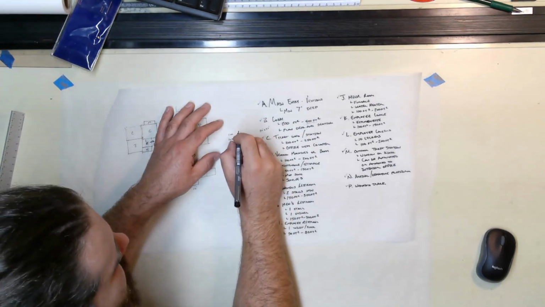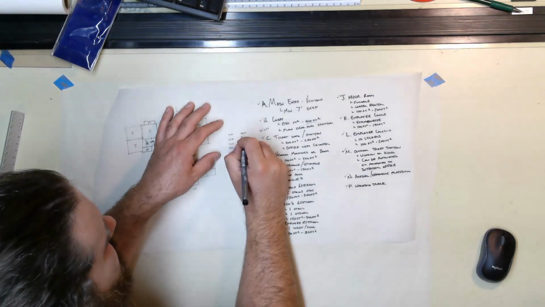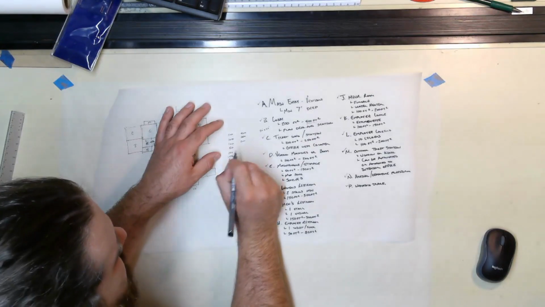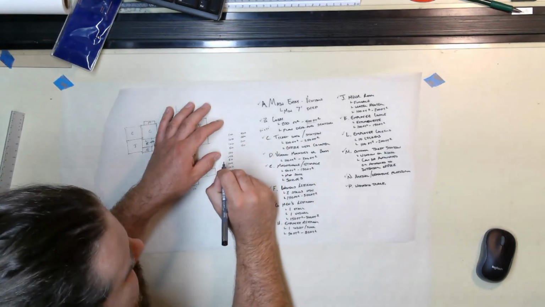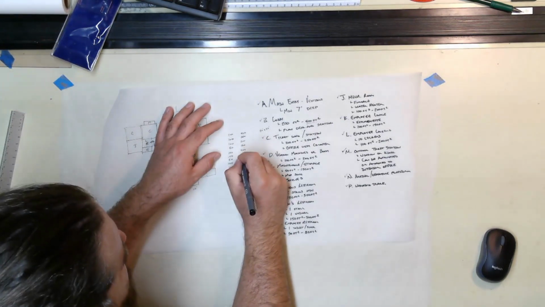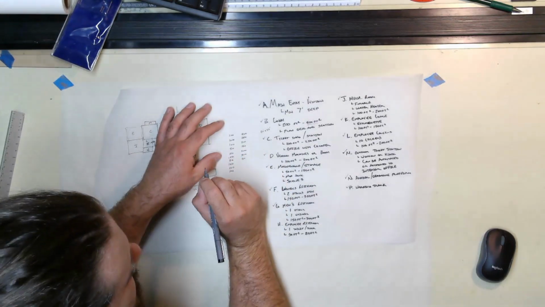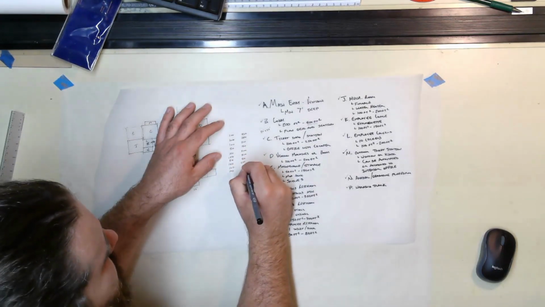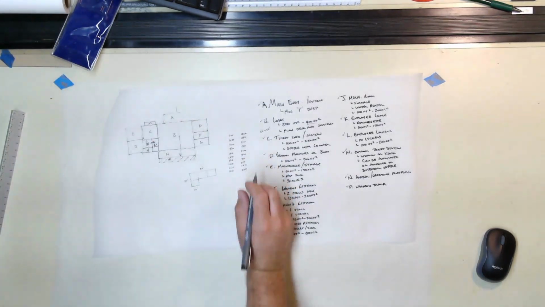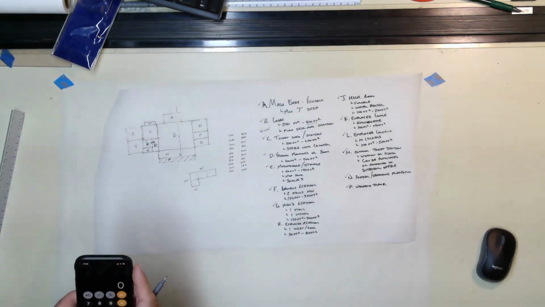And on the high side, we have 400, 250, 200, 150, 300, 300, 80, 200, 150, 200. Okay, so I'm gonna add those up real quick.